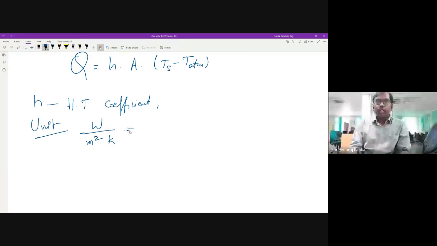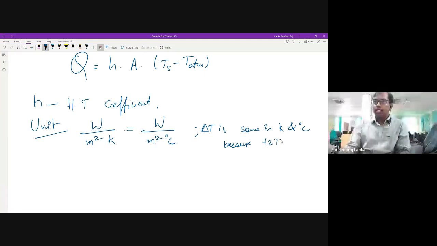This is also equal to watt per meter square degree centigrade. Why? Because the delta T is the same in Kelvin and degree centigrade, since plus 273 and minus 273 will cancel. So this thing you have to remember.